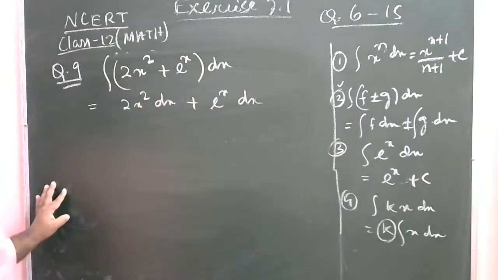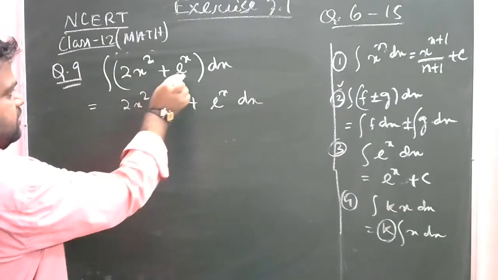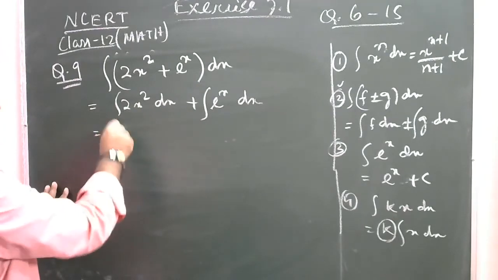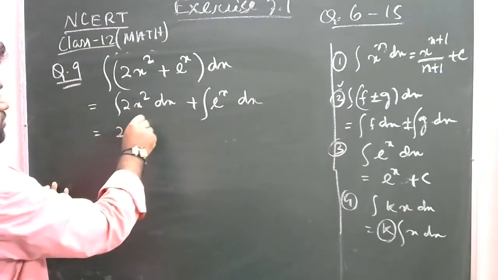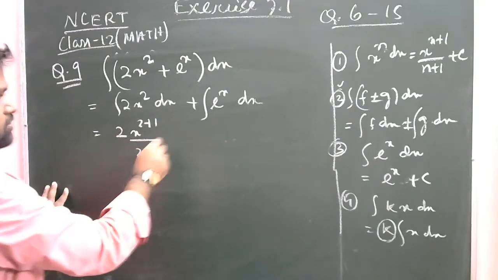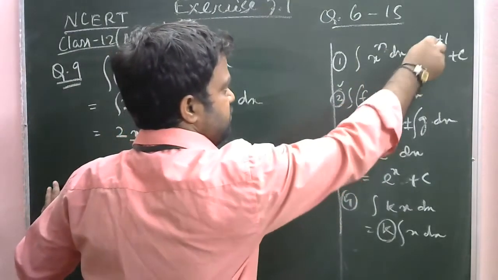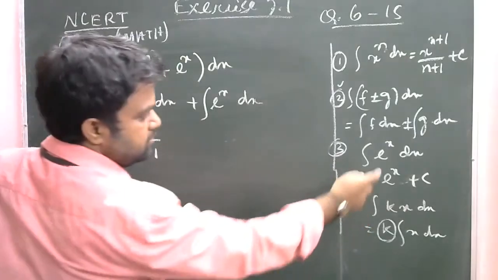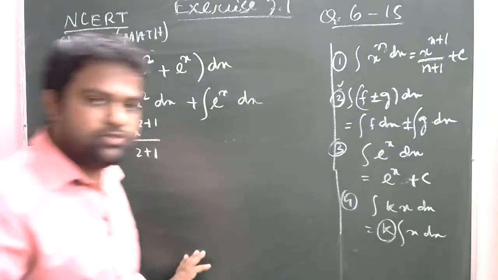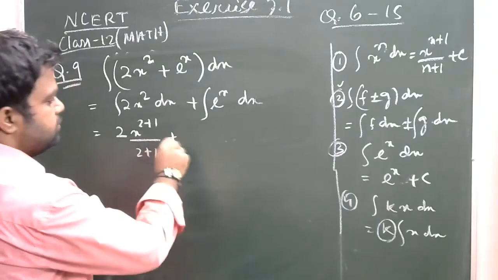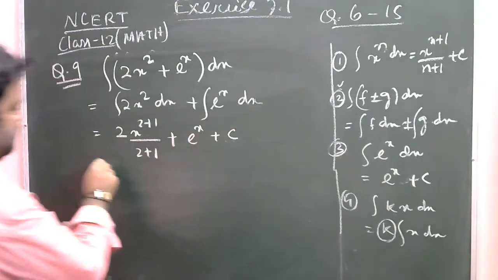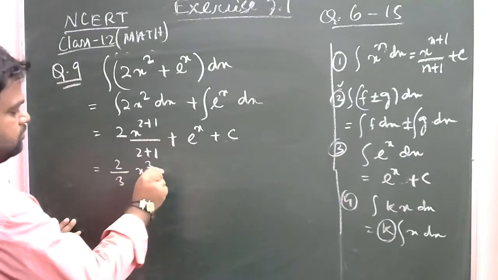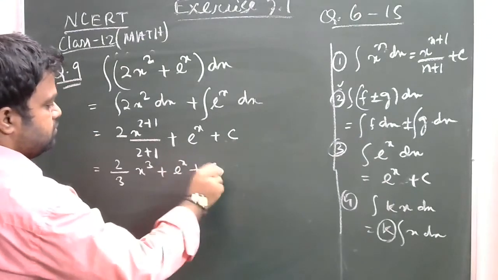I have separated the terms: 2x dx, e to the power x dx. Integration in both. The 2 constant will come outside. X square, 2 plus 1 by 2 plus 1. First formula, x to the power n dx is x to the power n plus 1 by n plus 1. Clear? Then e to the power x, integration of e to the power x is e to the power x. No issue. So this is 2, 2 plus 1 is 3, x cube e to the power x plus c.